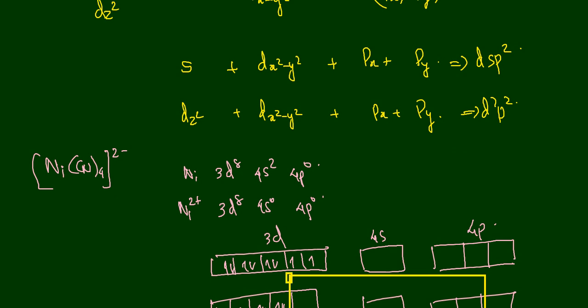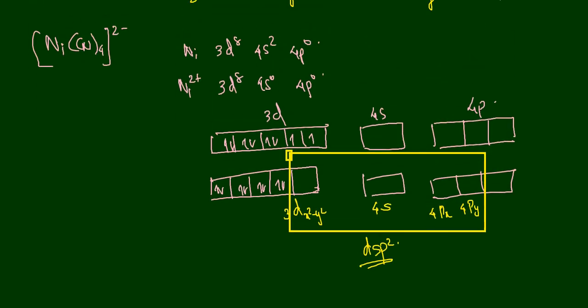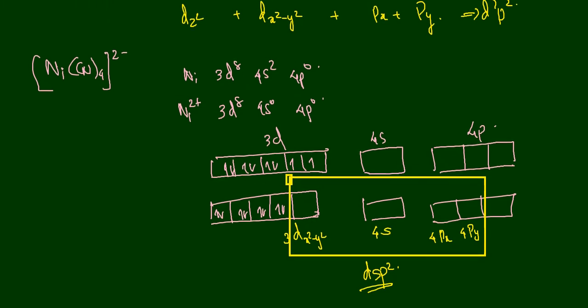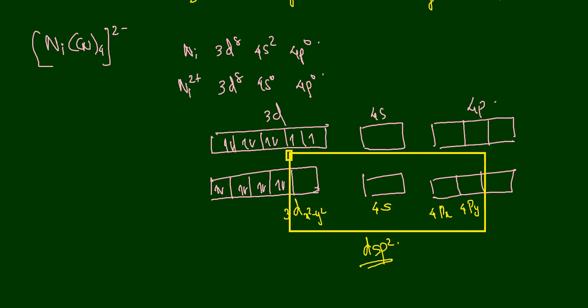And this is what we can understand from the group theory. I hope you understood the hybridization in the square planar molecules. And in the last class, we discussed the hybridization of the tetrahedral molecules. There you saw that the hybridization that we devised was sp3 hybridization. There also we had a central atom and four atoms bound to the central atom.